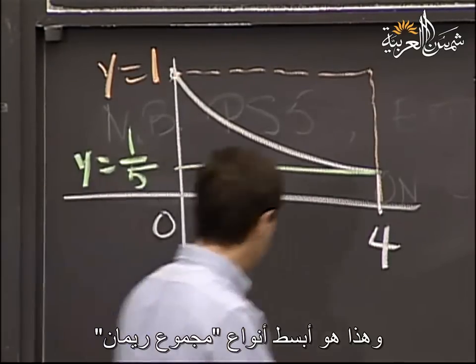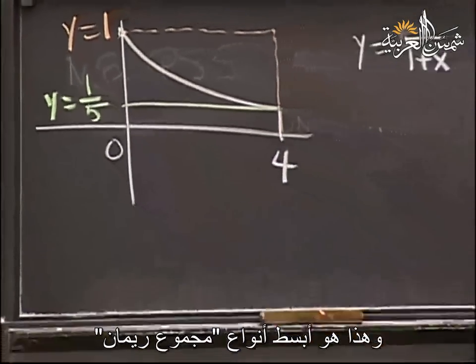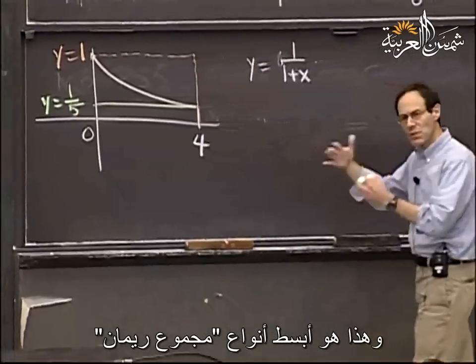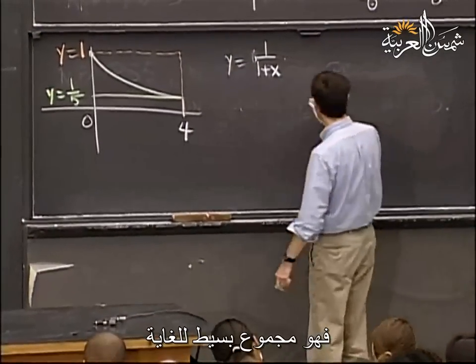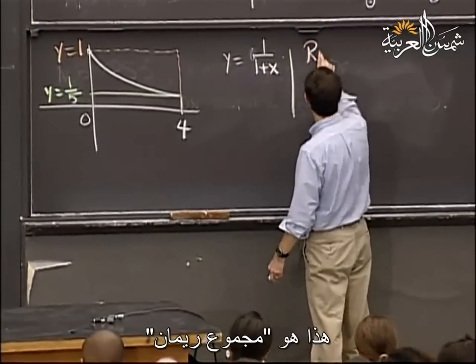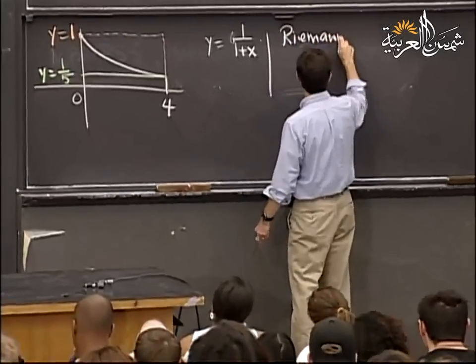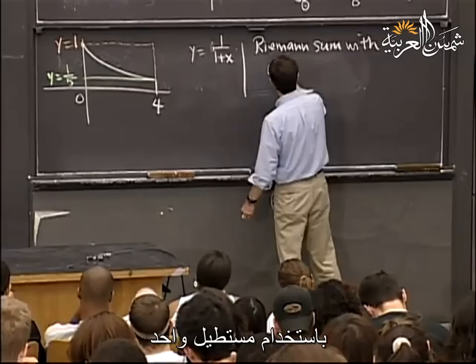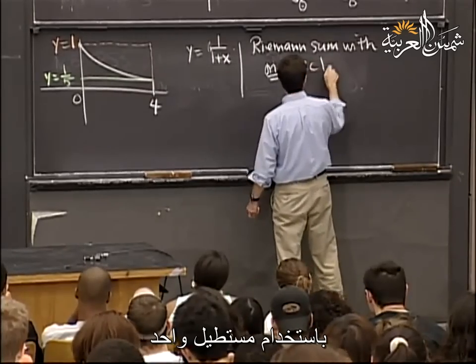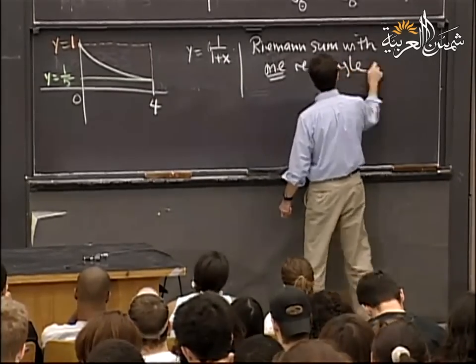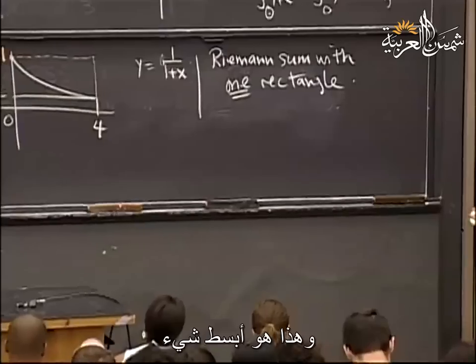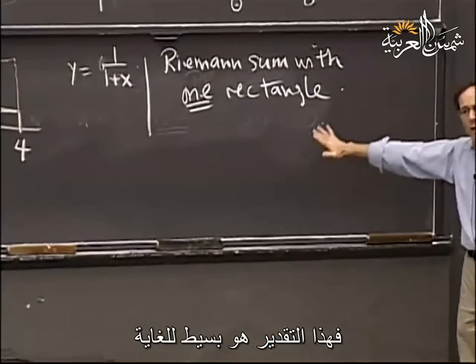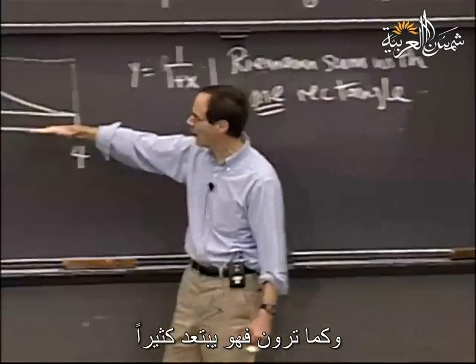And so these things are the simplest possible Riemann sum, sort of a silly Riemann sum. This is a Riemann sum with one rectangle. This is the simplest possible one. And so this is a very, very crude estimate. And you can see it misses by a mile.